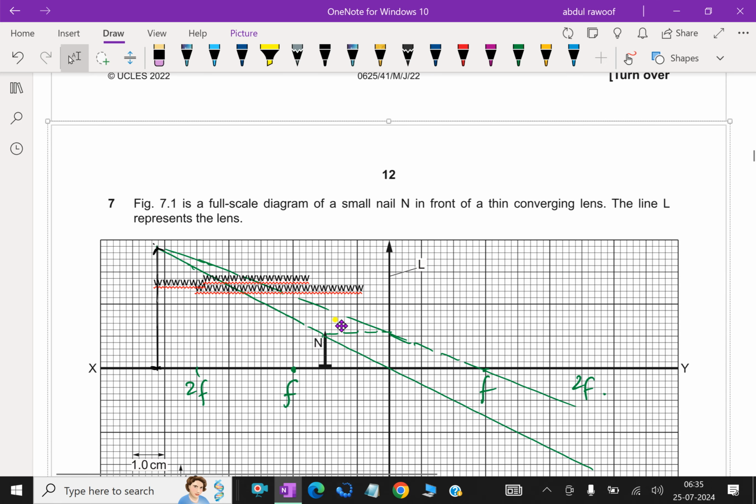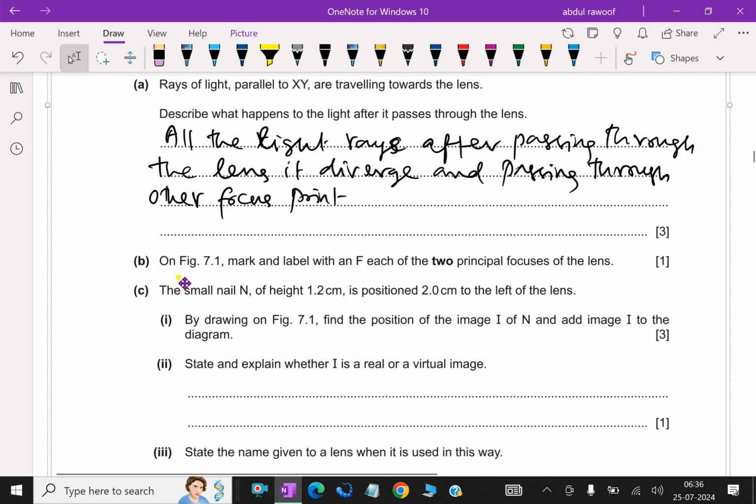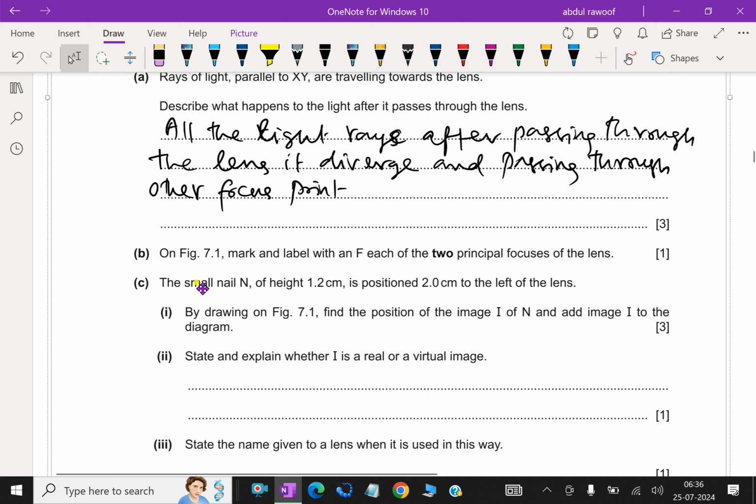Now look here, this goes diverging. It looks like it comes from this point. Mark and label with F each of the two principal focuses. By drawing, we finish the drawing.